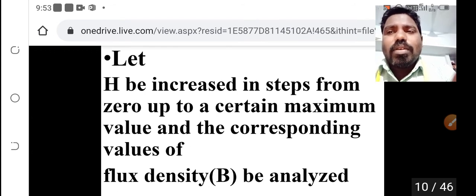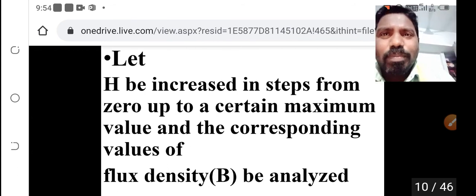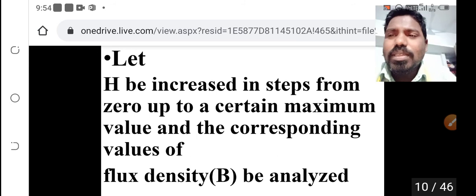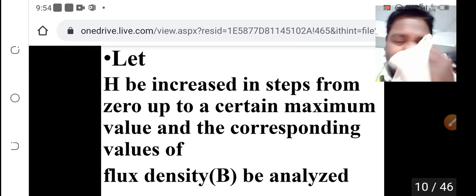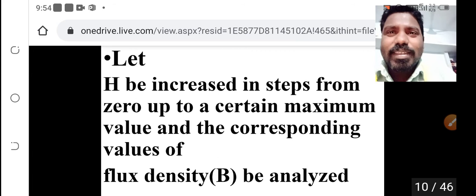Whenever H is increasing from 0 to the maximum level, B also shows certain values being generated. B also shows some impact because of H.